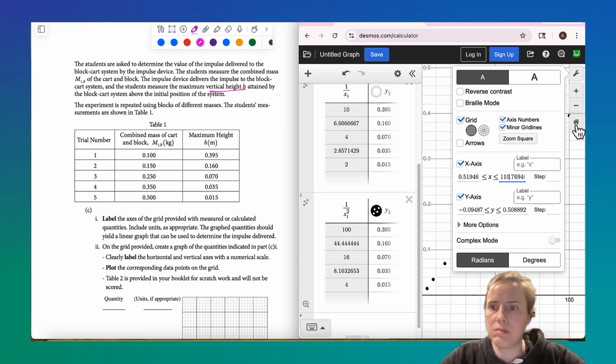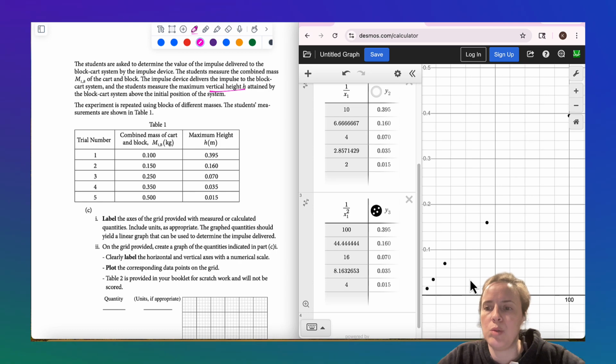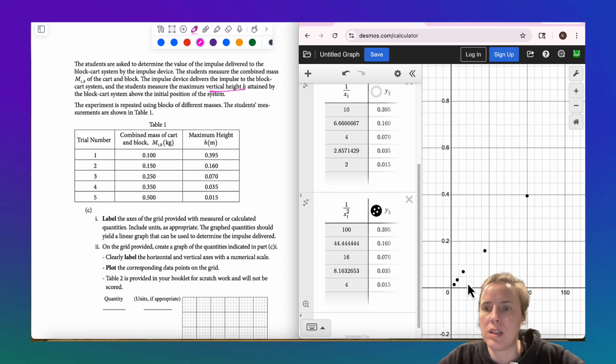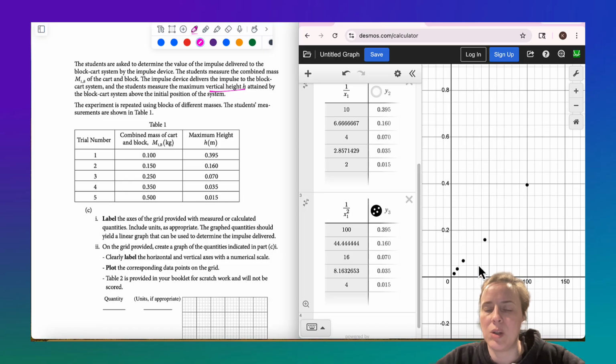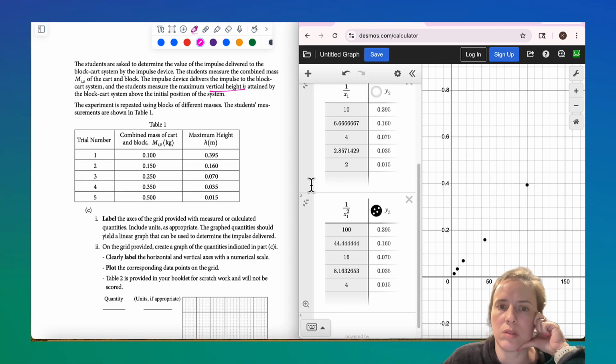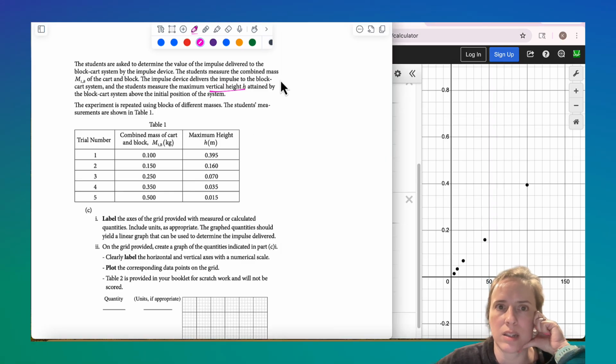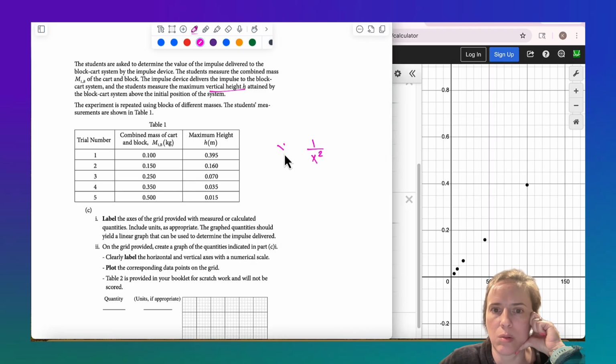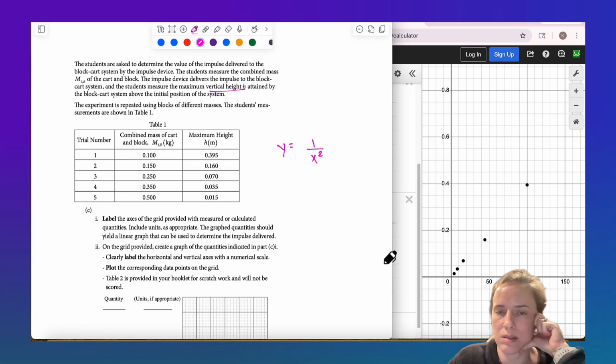Let's just go an extra 0. Ooh, now that's looking kind of linear. See that? Nice. Okay, so what just happened? We graphed 1 over x squared on the x-axis. We graphed regular y on the y-axis.